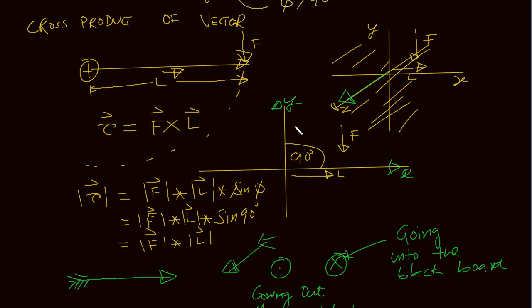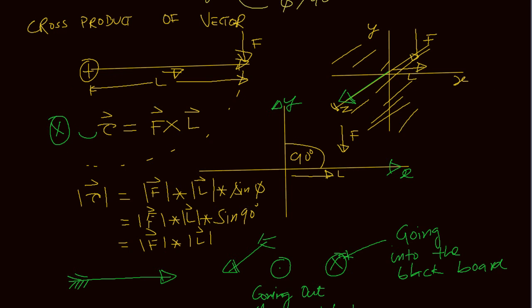So if your force and the arm are in the XY plane, the vector will be along Z, which is perpendicular to this. If the force was the way I have shown it here, by following the convention, the vector will be going into the blackboard.